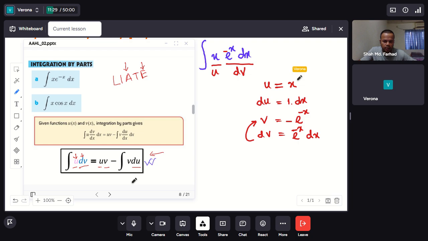Now if we put the values in the formula, we'll get the result. The formula is the integral of u dv equals u times v minus the integral of v du.